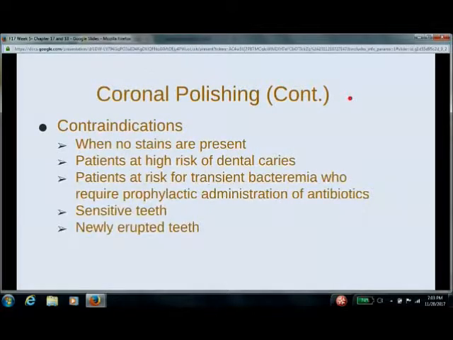We typically don't want to do this for patients who have newly erupted teeth or sensitive teeth because it does take a layer of the tooth off, and the outside is the most healthy. We don't want to take that off if we don't have to.